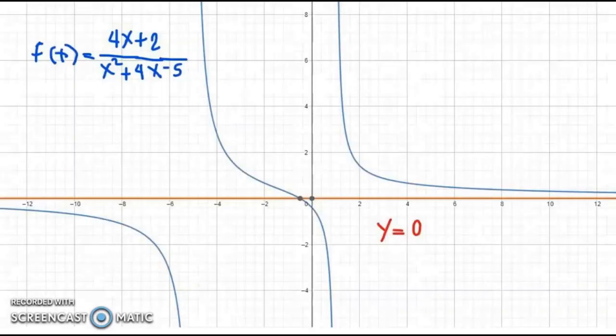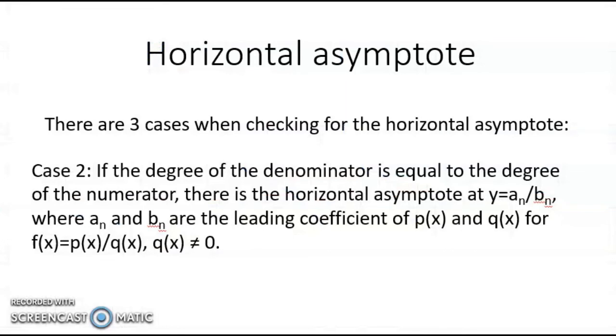Okay, so this is the graph of the function f of x equals (4x plus 2) all over (x squared plus 4x minus 5). And the line y equals 0, that is its horizontal asymptote. Next is case 2.